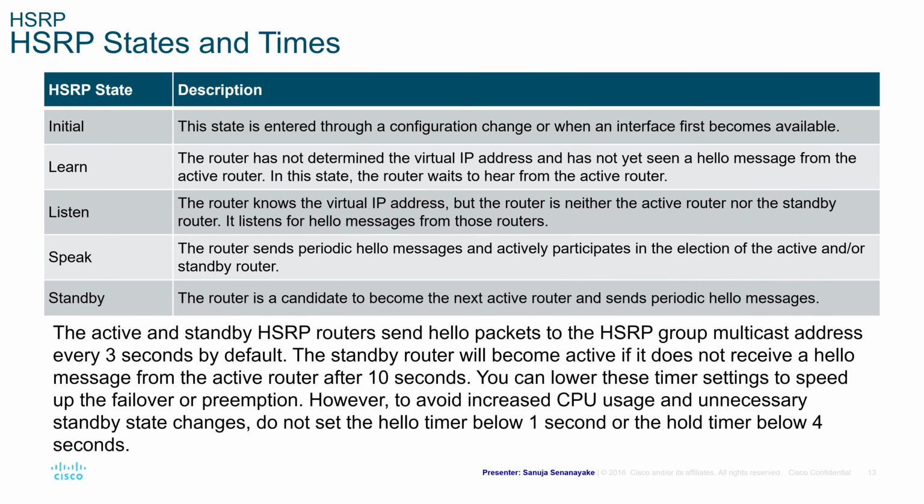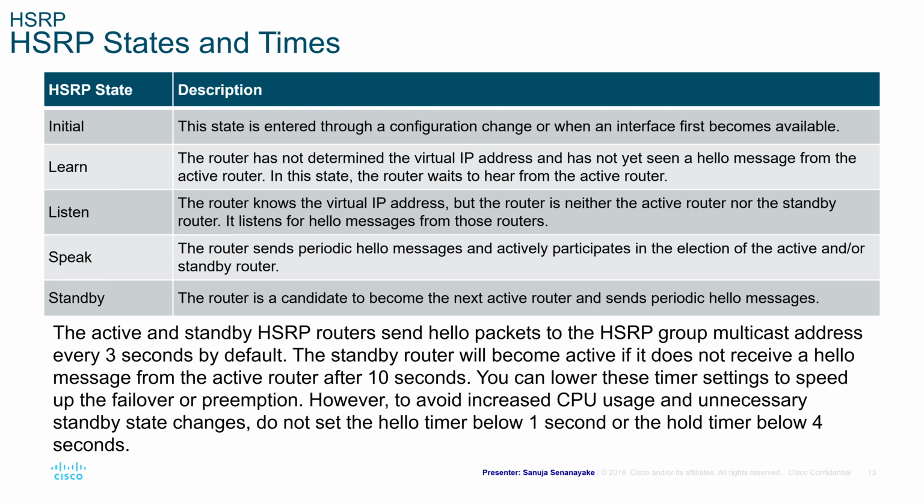So these are the HSRP states and times. We have the HSRP states: initial, learn, listen, speak, and standby. Initial is a state that is entered through a configuration change or when an interface first becomes available. The learn state is when the router has not determined the virtual IP address and has yet to see a hello message from an active router.